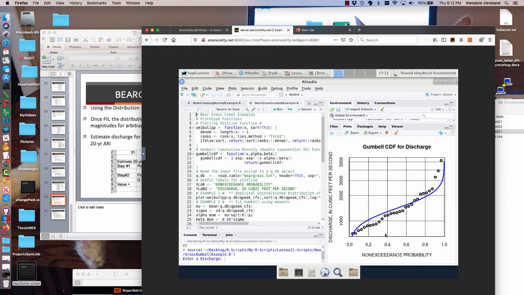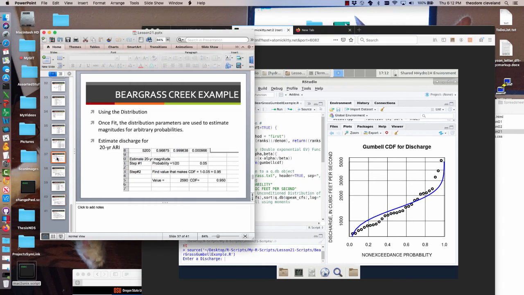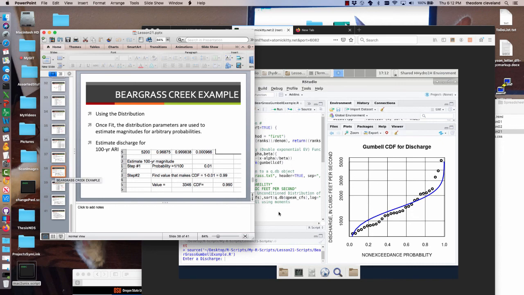Now, it makes sense that the dots look similar. It's the same dots, but the curves all look similar, namely because I'm plotting on a logarithmic axis here and a probability axis there. There's some mapping here that goes on.